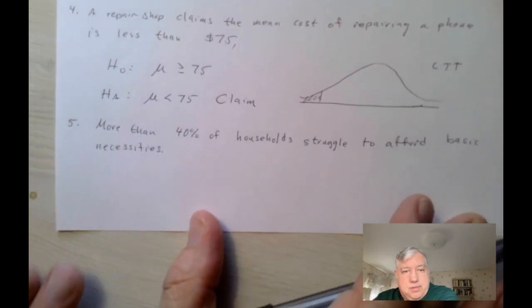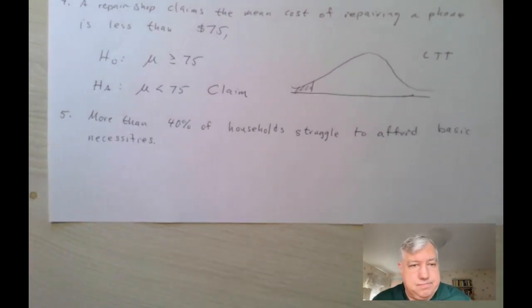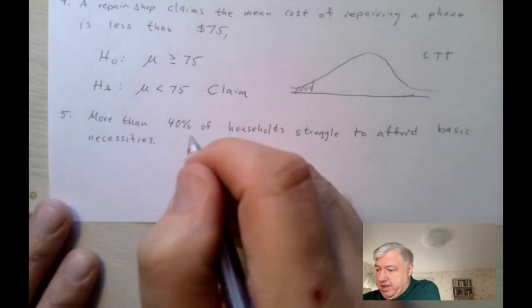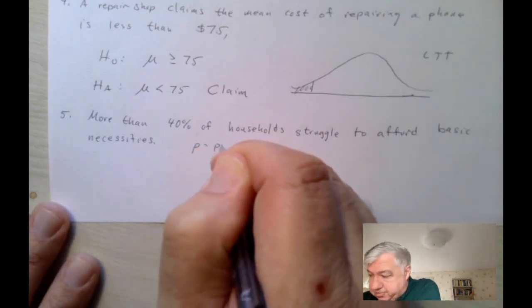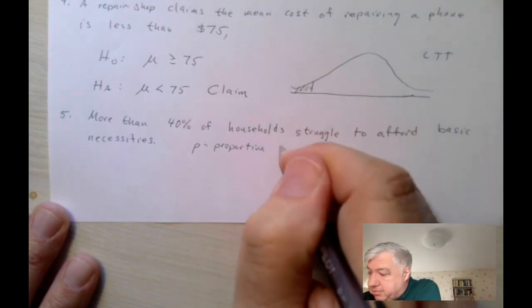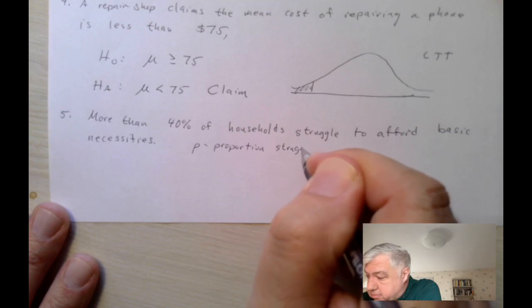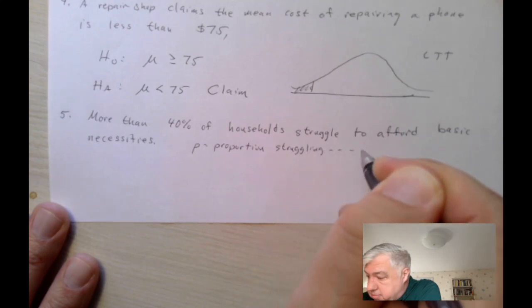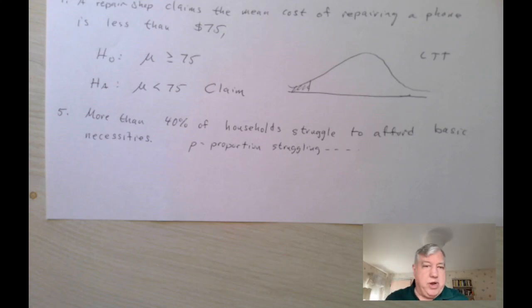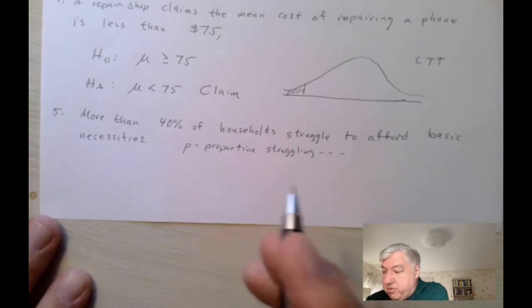And then in this last one, more than 40% of households struggle to afford basic necessities. If we let P be the proportion of households struggling, then the claim says that P is greater than 0.40, greater than 40%.